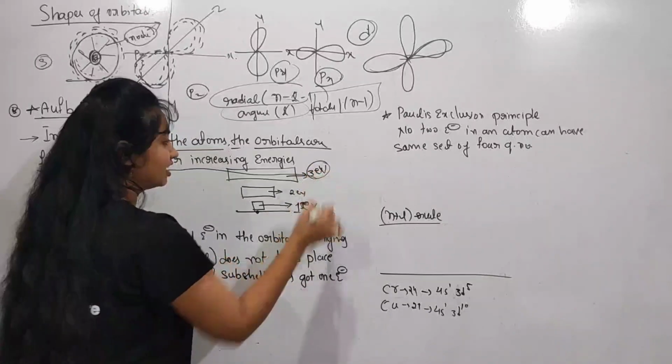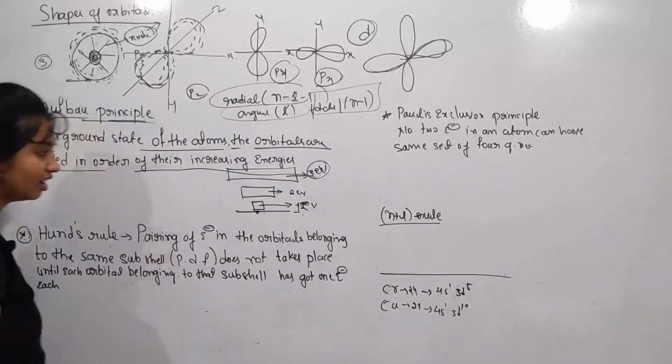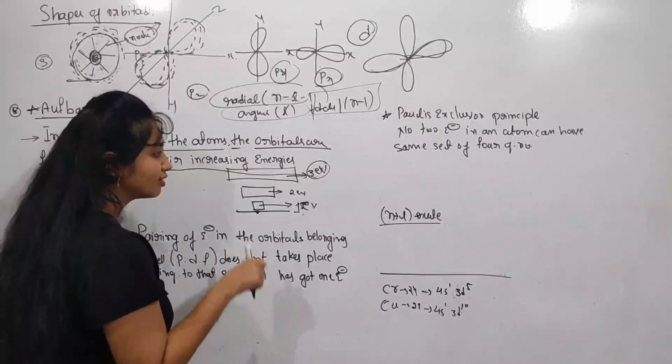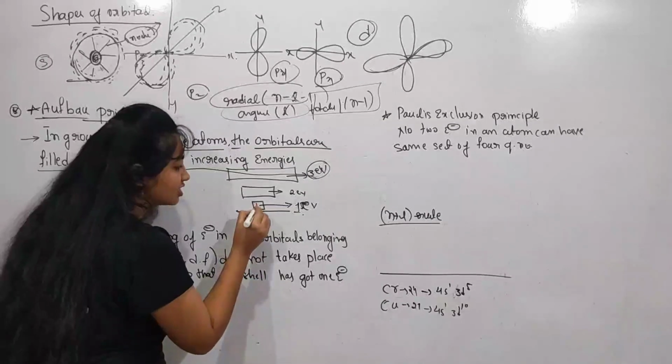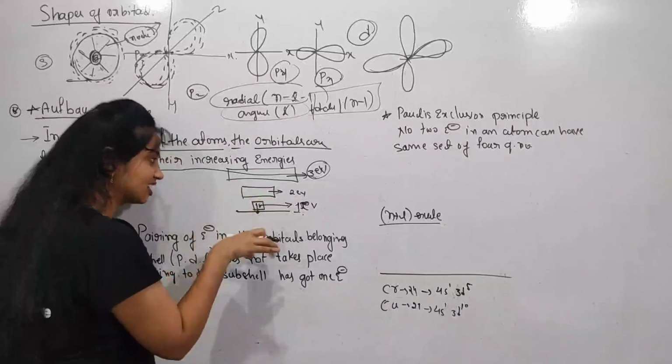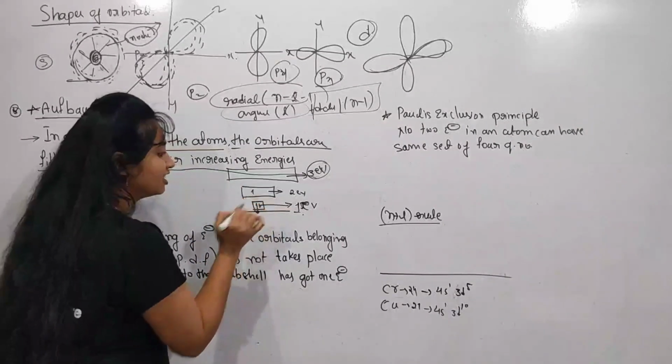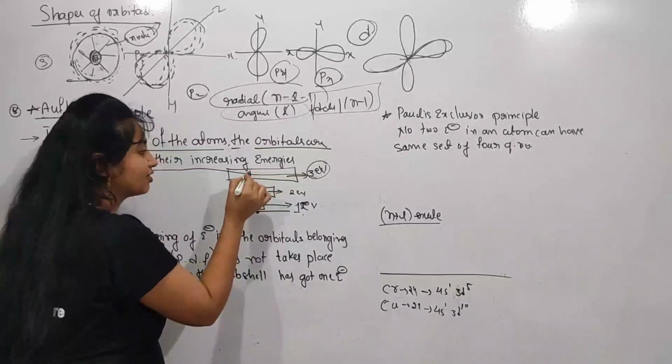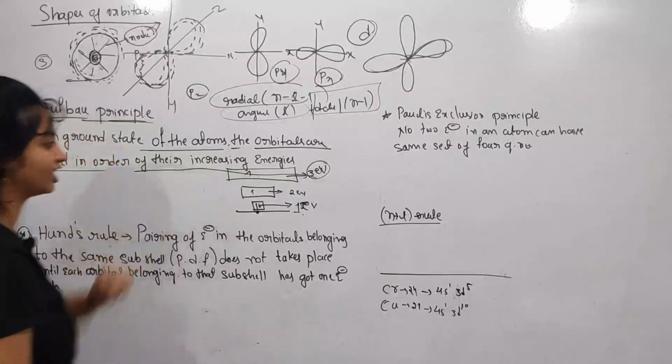It's a general example. First the electrons are filled in this orbital, which has the lowest energy, and next the electrons are filled in this orbital, and then in this one.